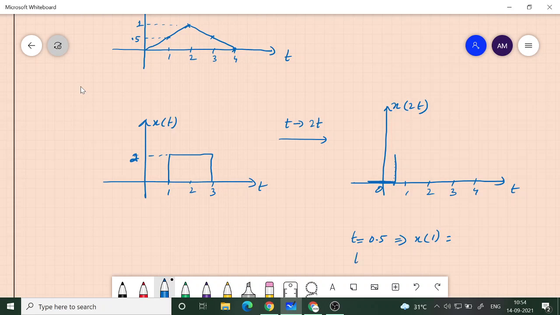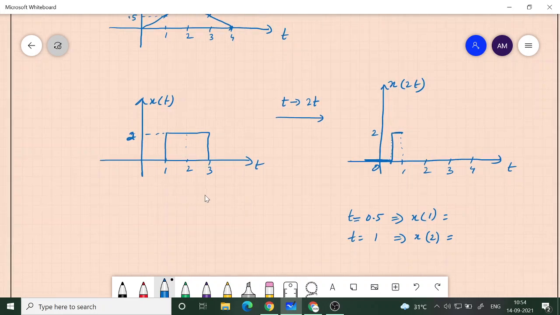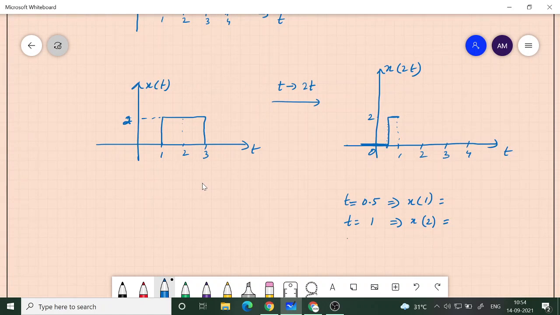Now let's take another time, t is equal to say 1. So I will have x of 2. X of 2 is also 2. So this is at 1 I am talking about. So that is also 2. Now let's take another point, t is equal to say 1.5.